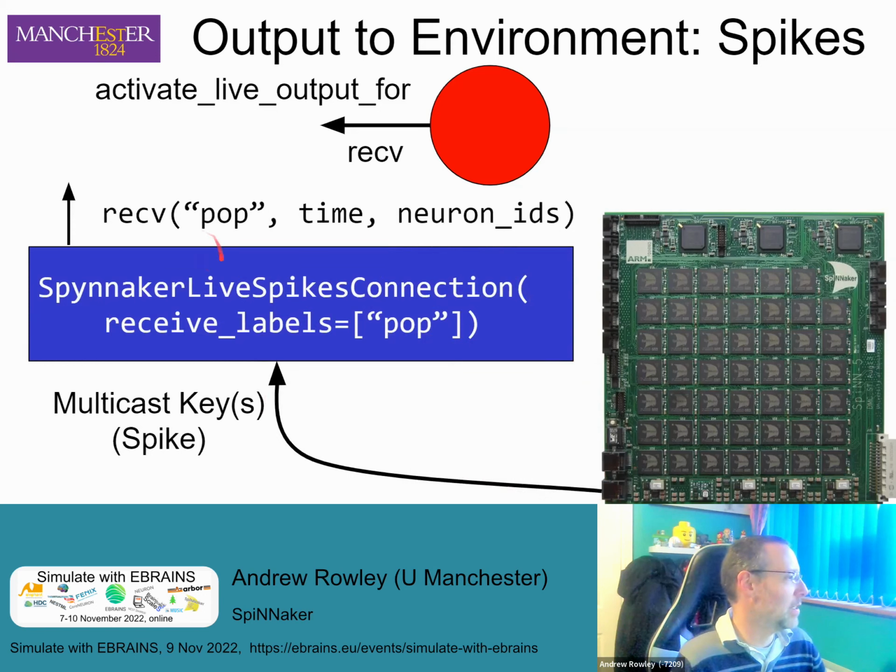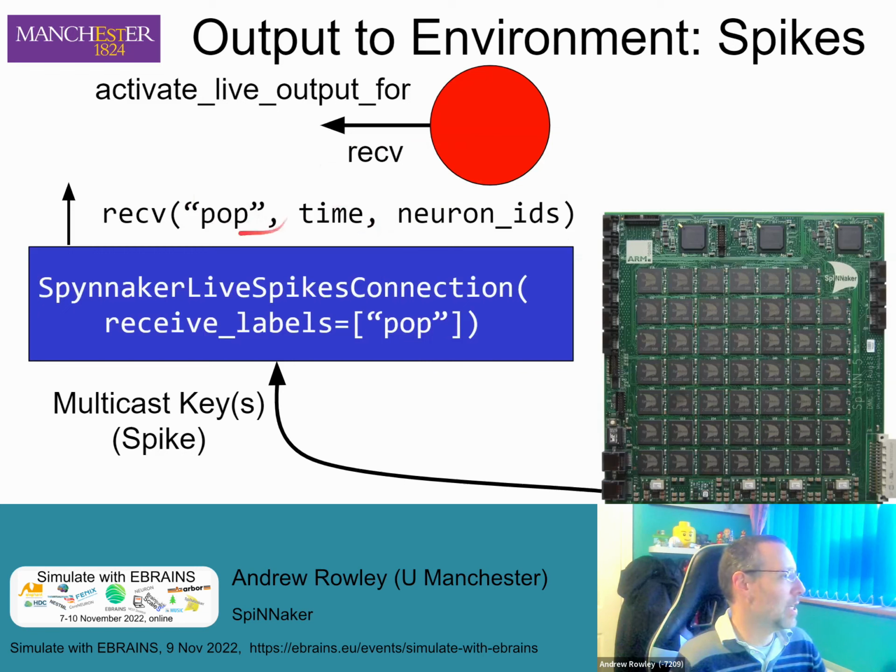This receives multicast spikes from the system and calls this function, which will have your population label in it, time and neuron IDs. So that's going to be a single time with potentially multiple neuron IDs, and you might receive the same time multiple times if there's a lot of spikes. Because every time it sends one of these packets, it could send a lot of neuron IDs, and a packet might get full, so it might have to send a few packets to get them.